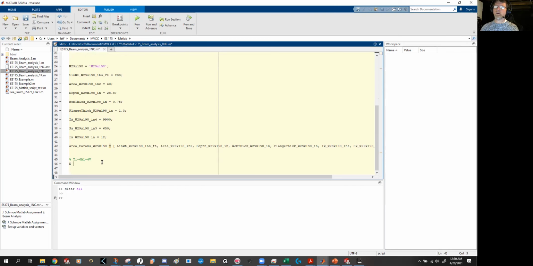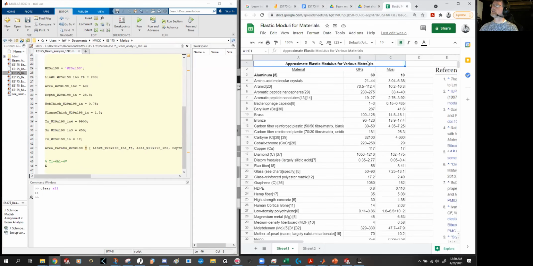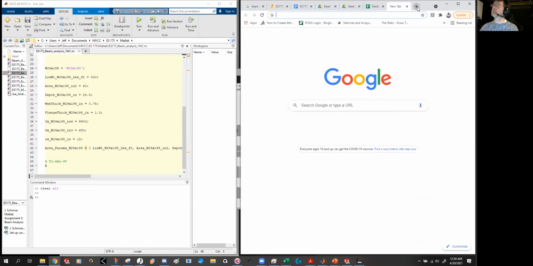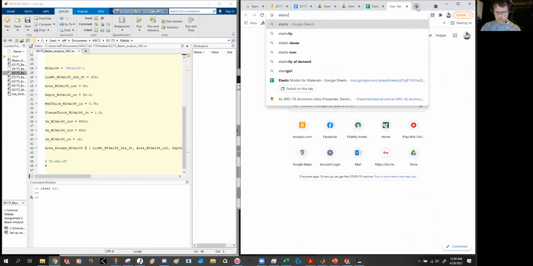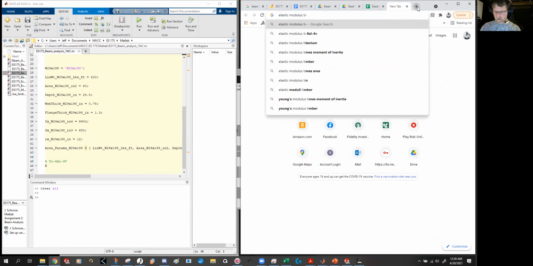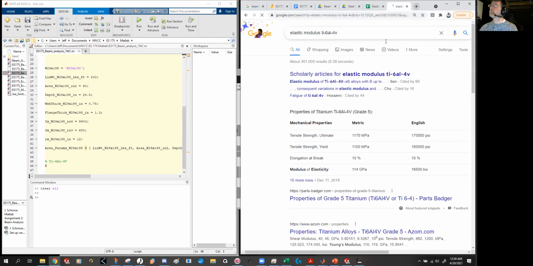So E of that is going to be, let's see if I can find that over here, elastic modulus. Okay, titanium alloys. Well, it's anywhere from here to here. So I'm going to specifically look for elastic modulus Ti-6Al-4V.